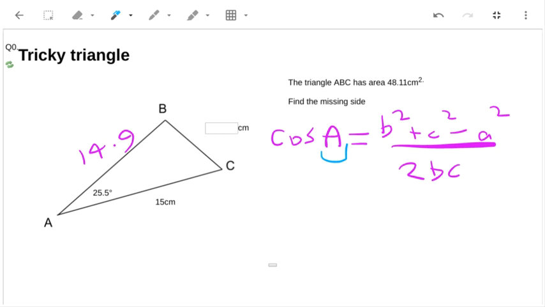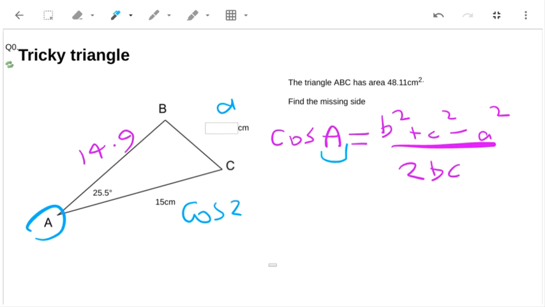Now we are a bit lucky here because the angle or that vertex is labeled A, and therefore that means that the one we're missing is little a, and b and c are the other two, and it doesn't matter which way round they are. So I'm ready to go, and I can start putting the values straight into the equation.